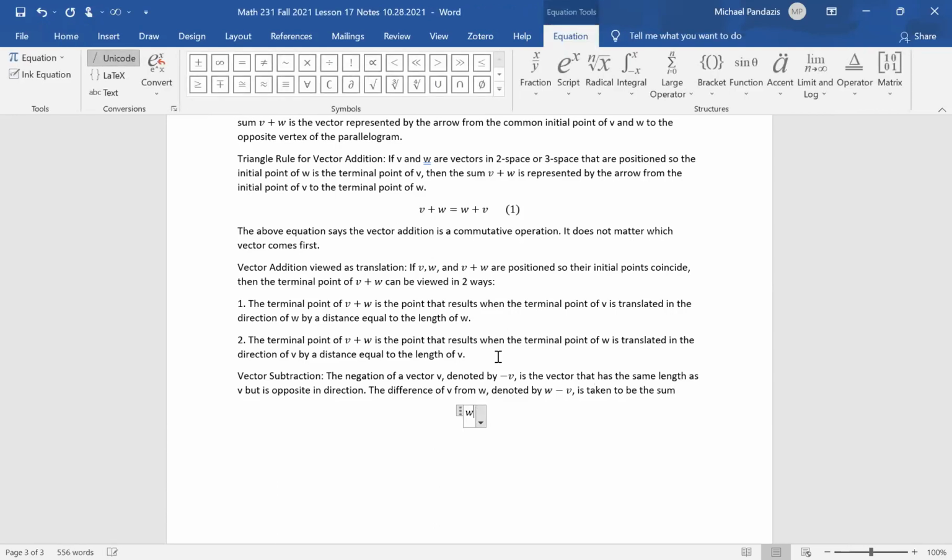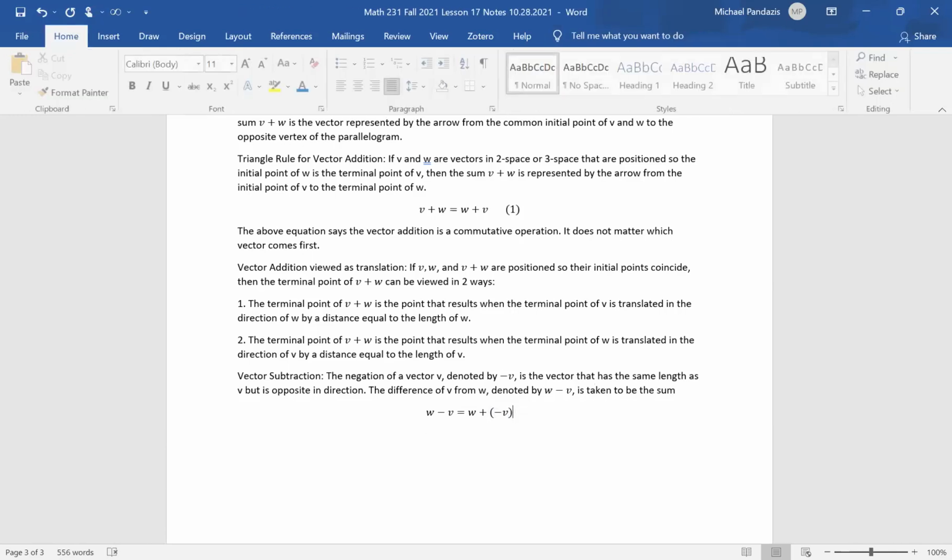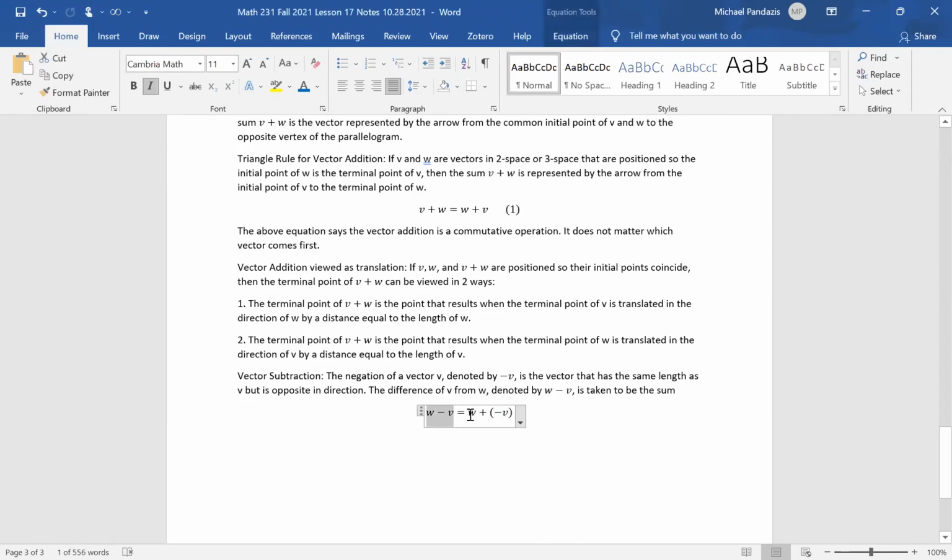So W minus V is equal to W plus the vector negative V. So in this way, we define subtraction using vector addition. So vector subtraction is derived from vector addition.